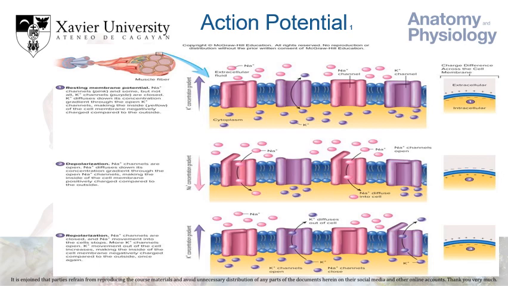The entry of sodium causes the inside of the cell membrane to become more positive than when the cell is at the resting membrane potential. This increase in positive charge inside the cell membrane is called depolarization. If the depolarization changes the membrane potential to the value called threshold, an action potential is triggered.